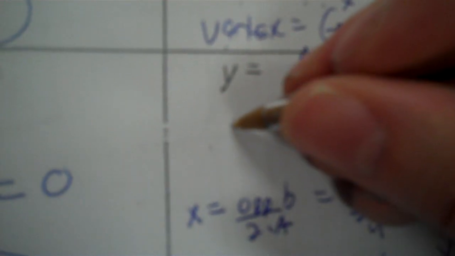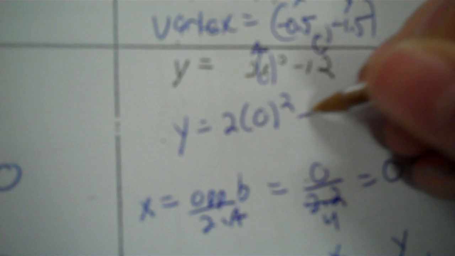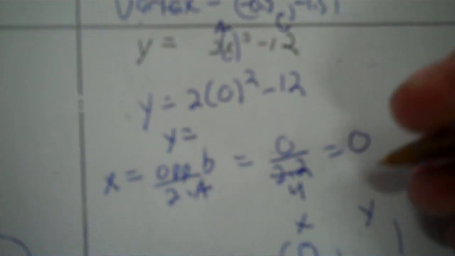So 0, then 2 times a. 2 times 2 is 4. 0 divided by 4 is 0. So then we replace x with 0. 2 times 0 to the second minus 12. Okay, so I directly substitute the 0, and then I'll find what y equals. So 2 times 0 to the second minus 12 is going to be negative 12.